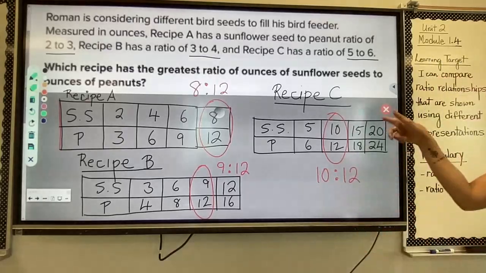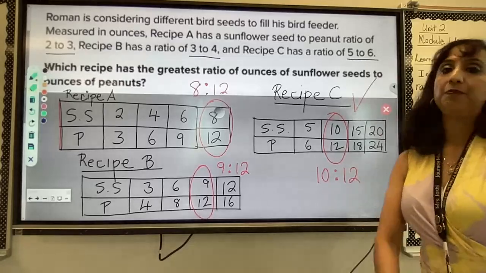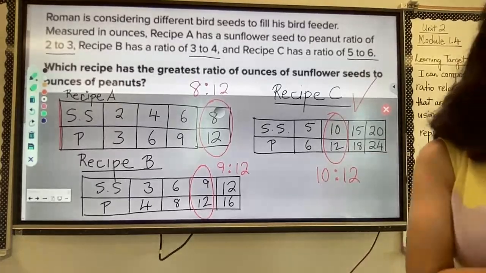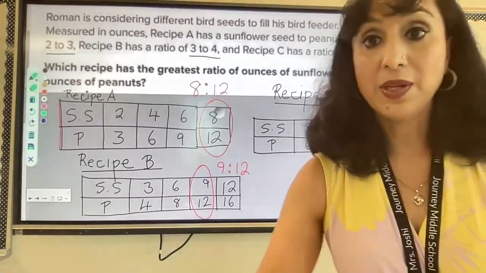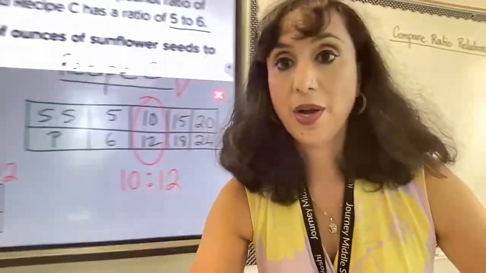So when I look at these ratios, because 10 is greater than 9 and 8, the recipe with the greatest ratio of sunflower seeds to peanuts is recipe C. All right, and so that's how we use equivalent ratio tables in order to solve these kinds of problems.